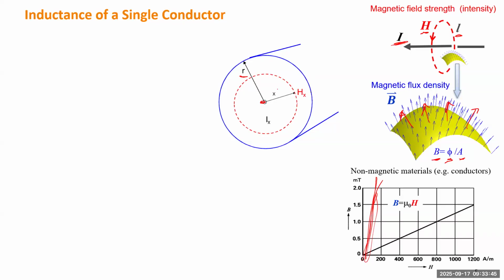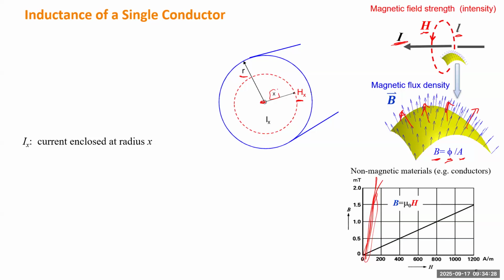So for instance, we consider this circle at distance x from the center. At that point, there will be a magnetic field strength, which we call H_x. That only depends on current. It doesn't depend on the material of this conductor, right? Because if you remember, we talked about how the outside can be aluminum and the inside can be steel or a different material. But this H doesn't depend on any material at all. It only depends on the current and the distance to the center.